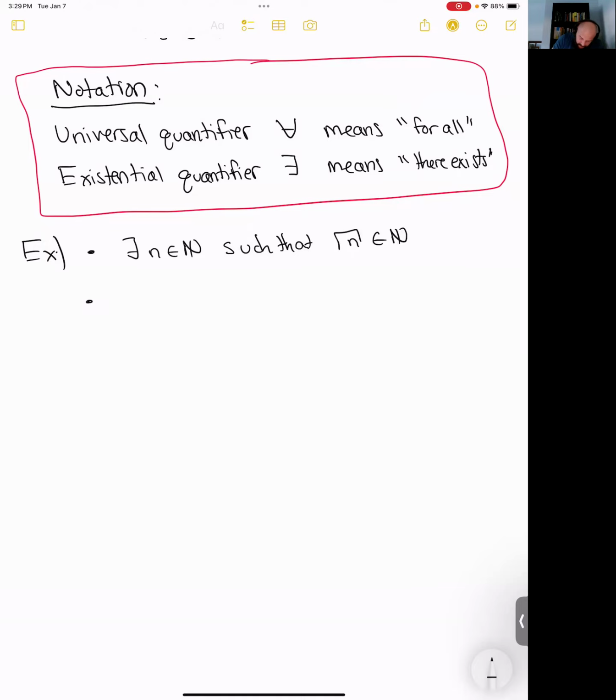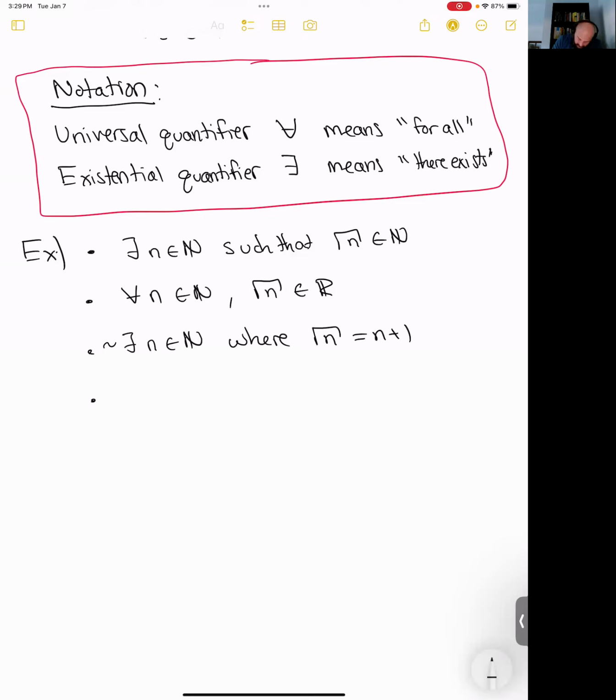We could say for all n in the natural numbers, square root of n is in the real numbers. We can say that it's not the case that there exists a natural number where square root of n is equal to n plus 1.